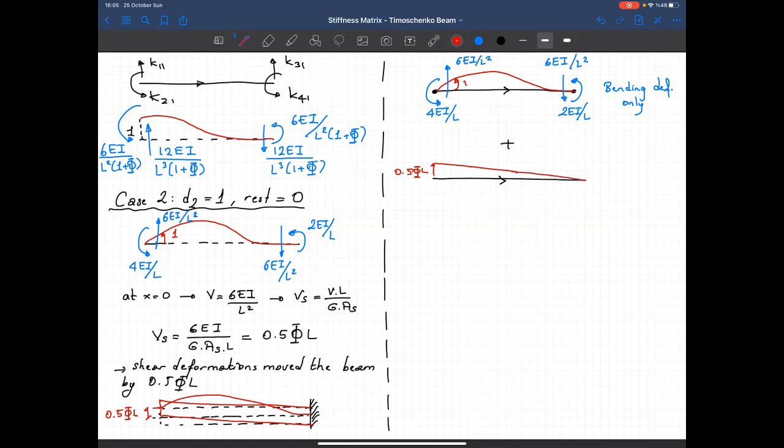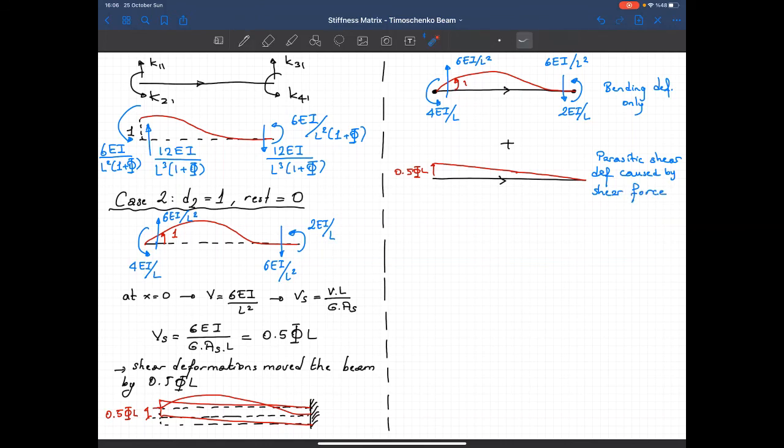That's what we see. So this is the parasitic shear deformation caused by shear force, right? So what should I do?